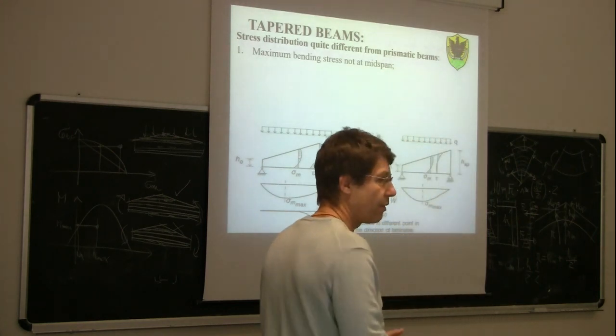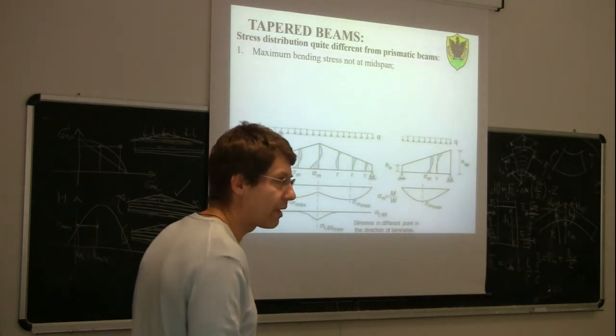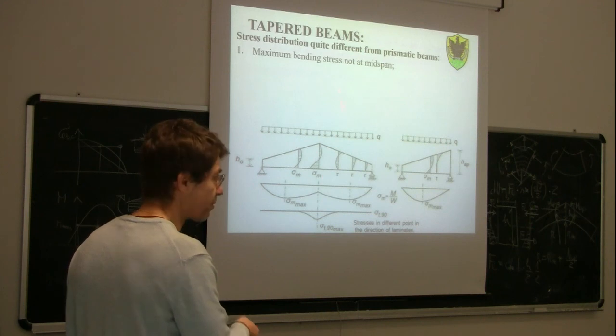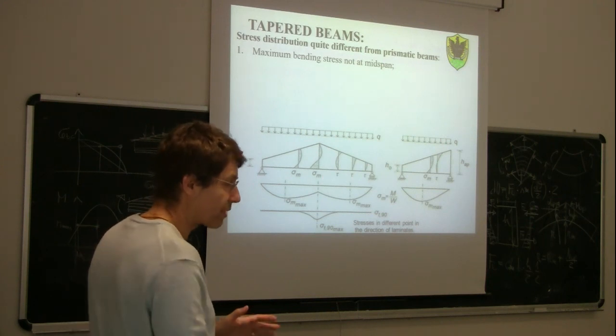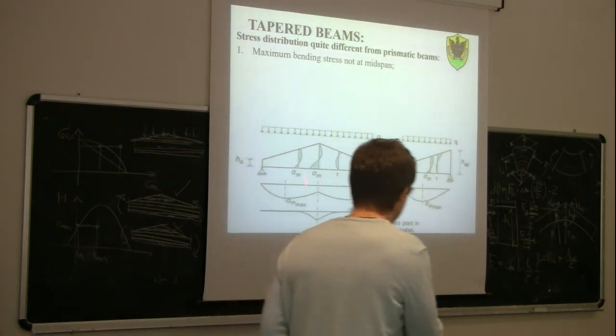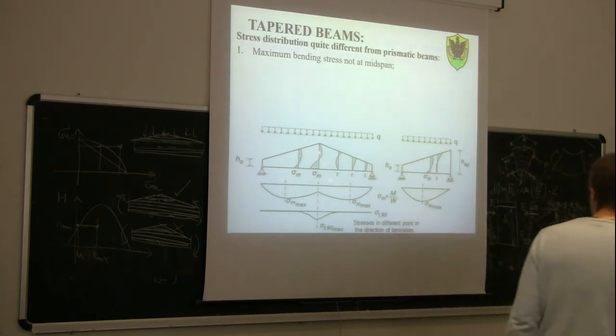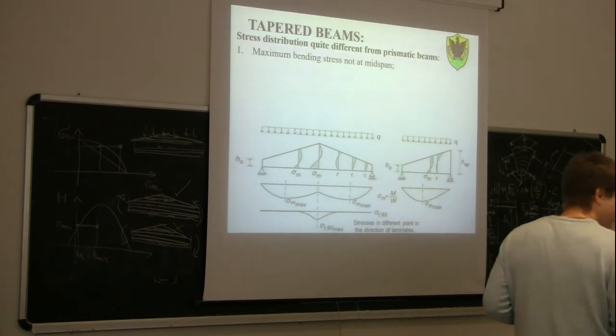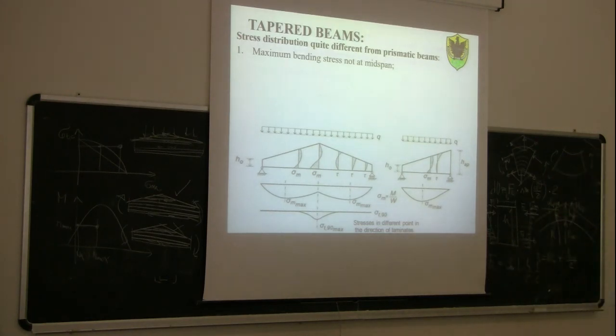When we go to check the stresses, we expect that, of course, the maximum bending moment demand is at mid-span. This is true. However, at mid-span we also have the maximum depth. So this means that the highest stress is not necessarily at mid-span, because we also have a variation of the height.